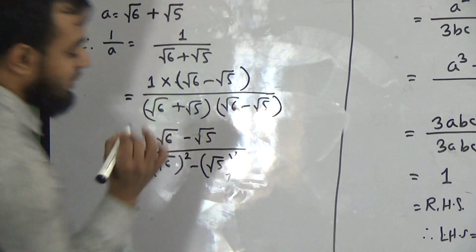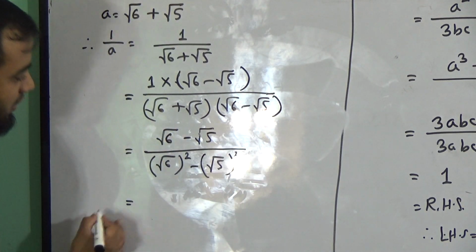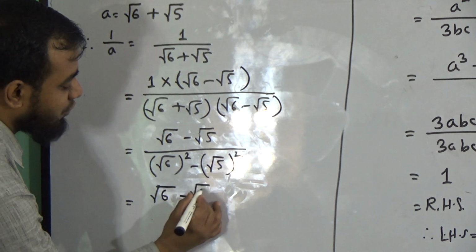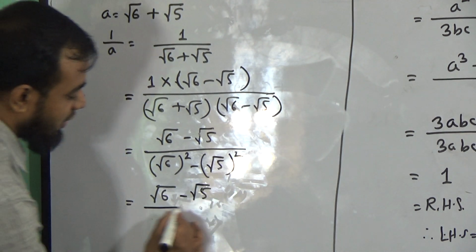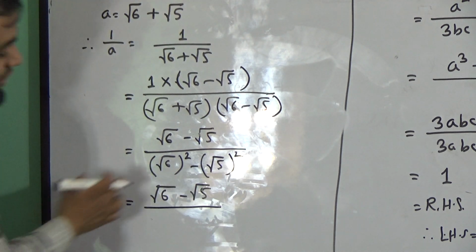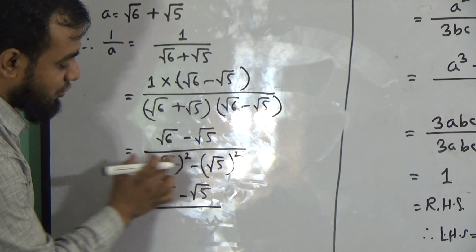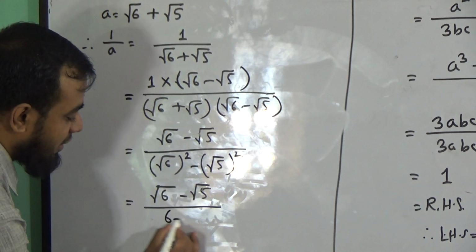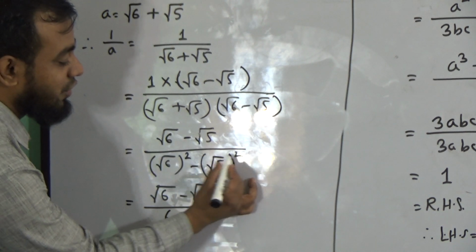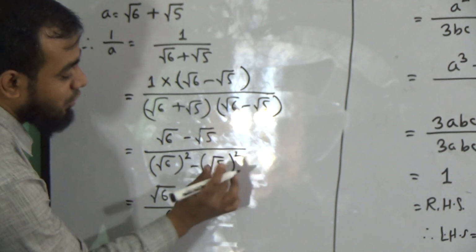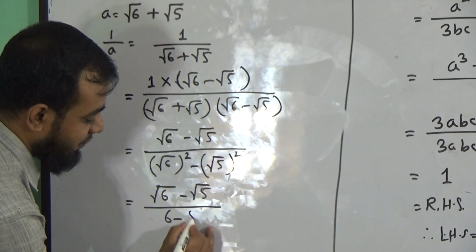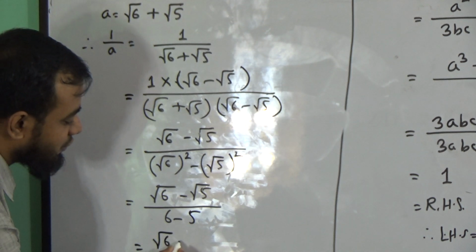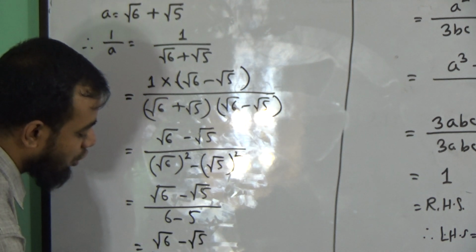In the denominator we have square root of 6 squared, so the square root sign and square sign will be omitted, and we will have 6 minus 5, which is equal to 1. We will have square root of 6 minus square root of 5 over 1.